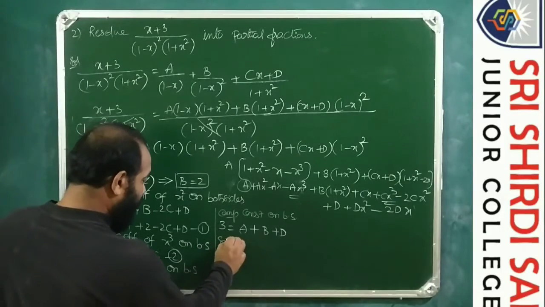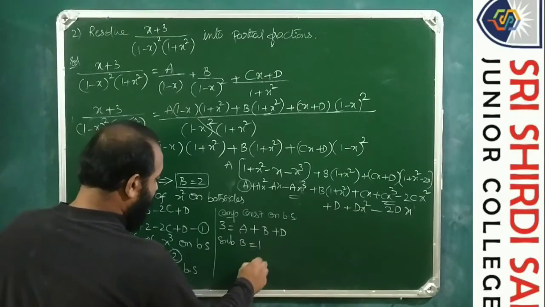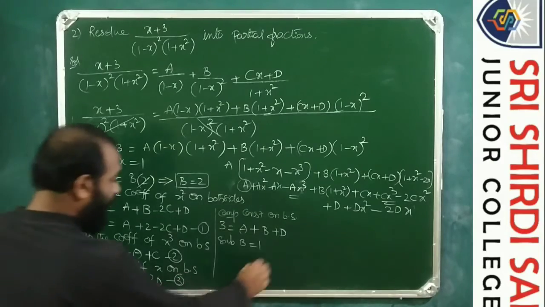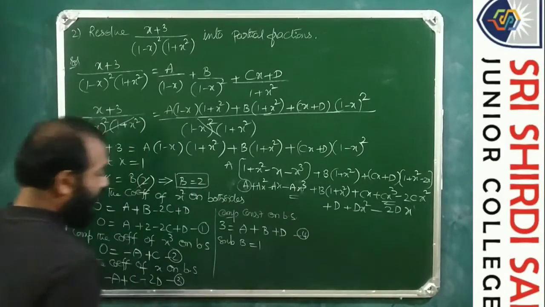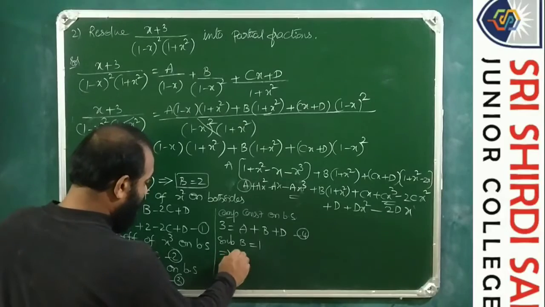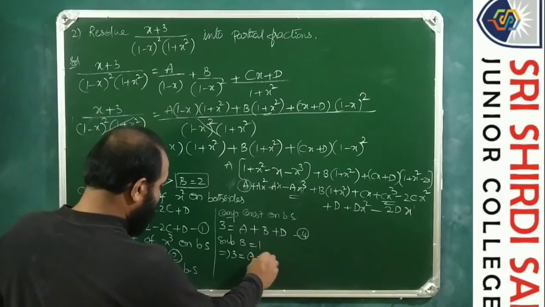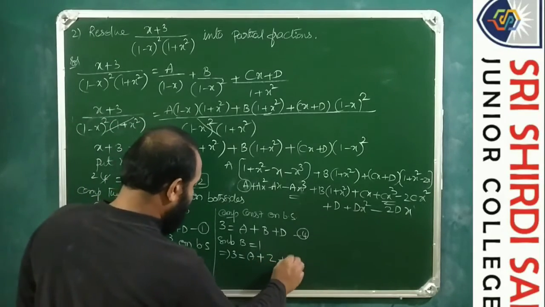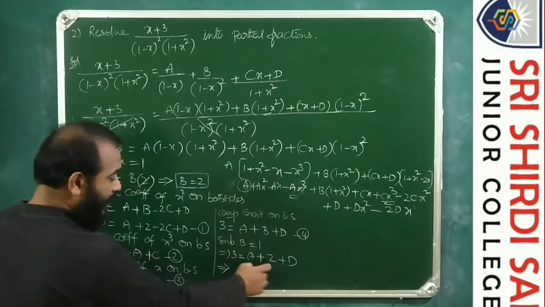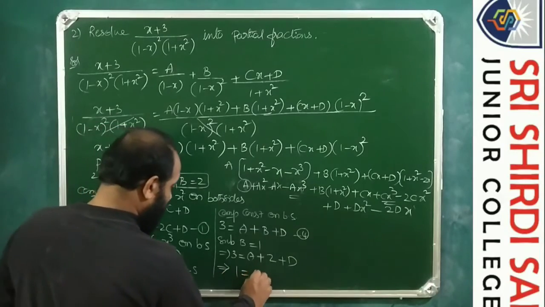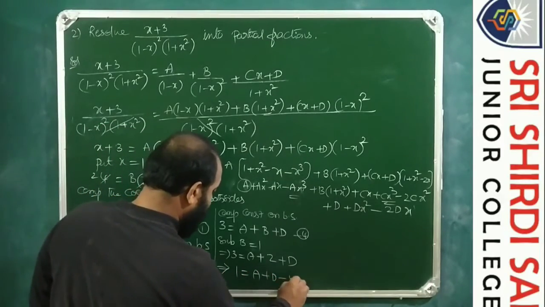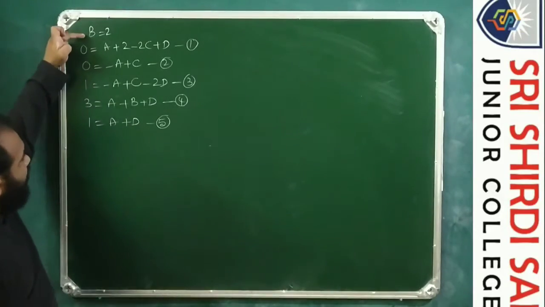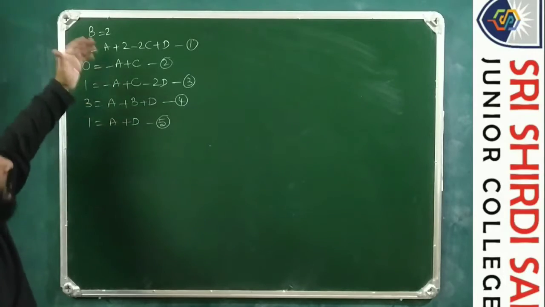Let us suppose that this is the fourth equation. Substituting b equals 2, we get 3 is equal to a plus 2 plus d. So 3 minus 2 is 1, which is equal to a plus d, the fifth equation. So totally these are the 5 equations we got.